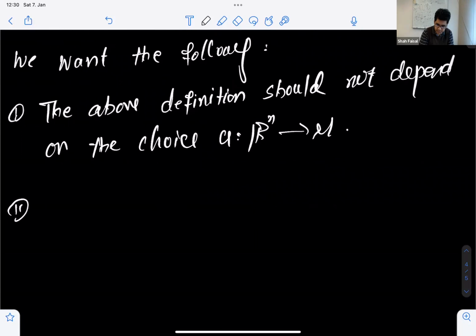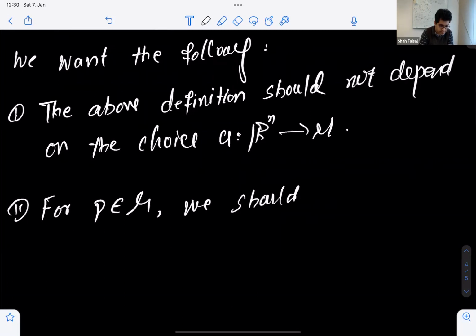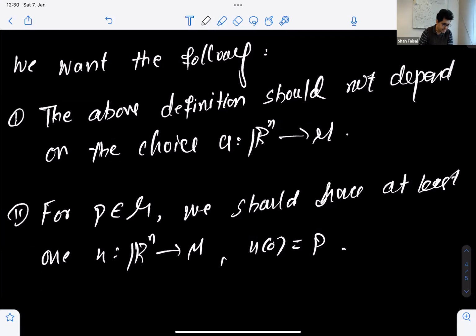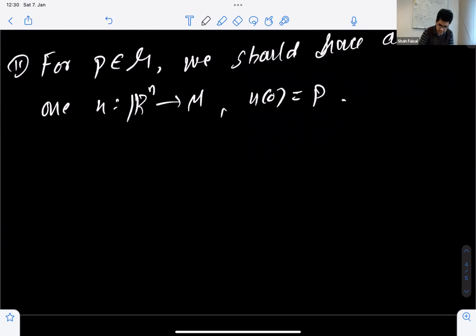So for each point in M, we should have at least one function from Rn to this set M with the property of mapping to P. If you can do that, then we can upload the calculus from Rn to the set.